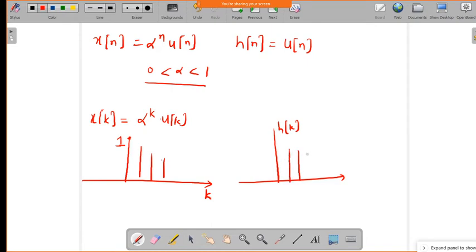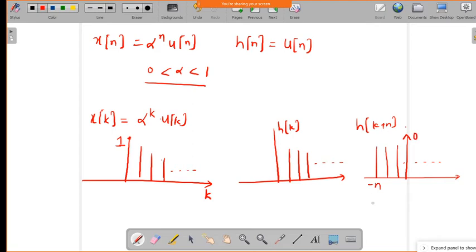It exists till the value infinity. So now if you take h of k plus n, which we have already defined, it extends up to the value of minus n, and it will be infinite. So this is at the 0th position, say.